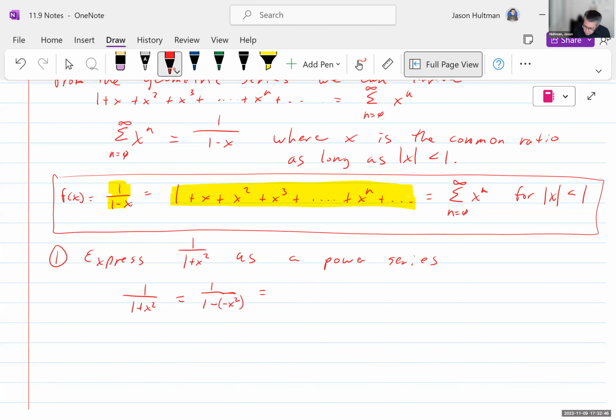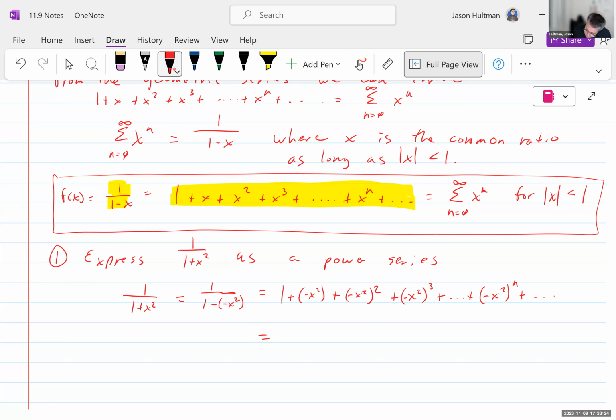Okay, and so let's go term by term. What is this going to look like? It's going to look like 1 plus, instead of plugging in x, I'm going to plug in negative x squared, plus negative x squared squared, plus negative x squared cubed, plus dot dot dot negative x squared to the nth, and it goes on like so.